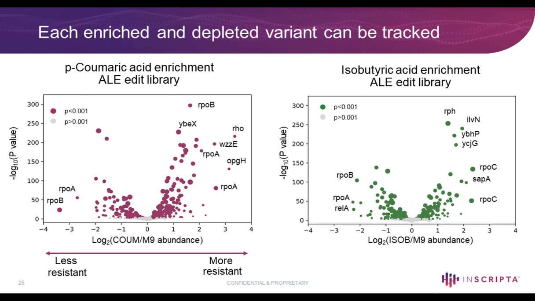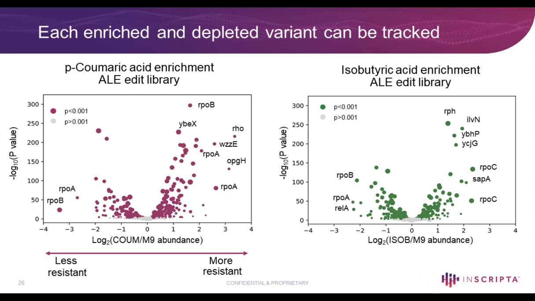That's the log of the abundance of the coumaric acid barcodes over the M9 response. On the left is coumaric acid, on the right in green is isobutyric acid. And then on the y-axis is the log of the p-value. So you can have higher confidence in those that are high on the y-axis.